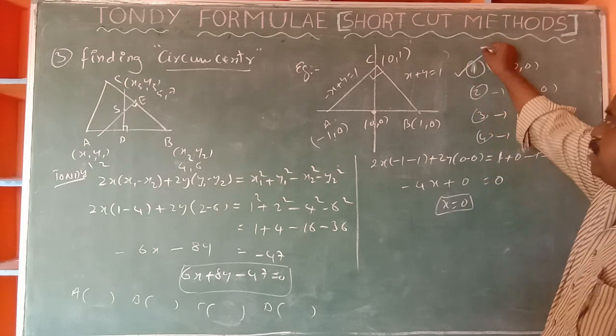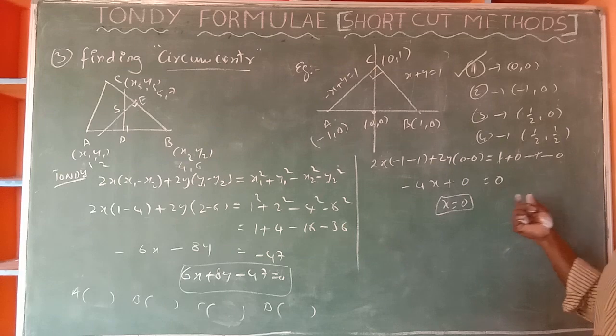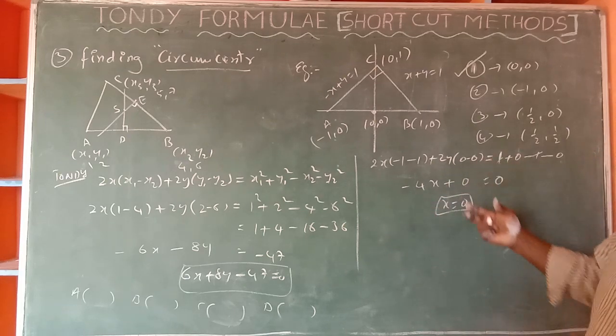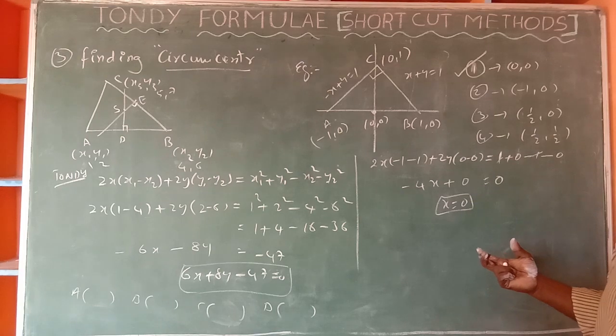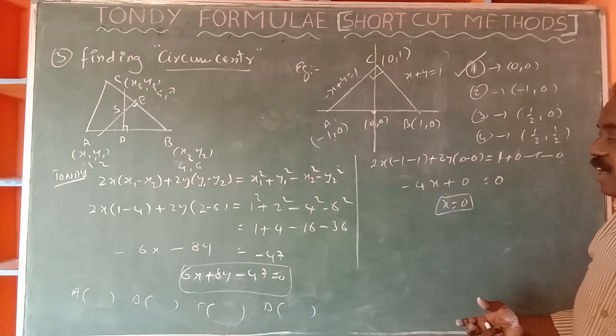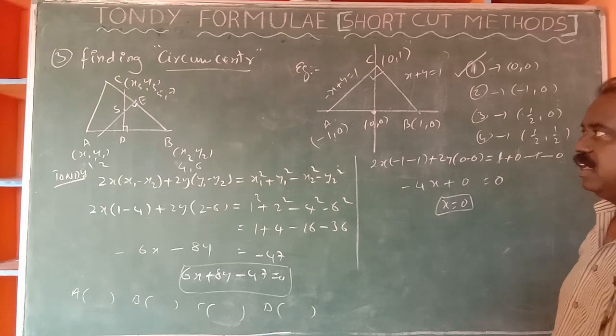Only the first option does. So this is the method to solve. Just for the purpose of understanding I am doing this example very clearly. If this type of question is given, easily by using this Tondy method we can find the circumcenter.